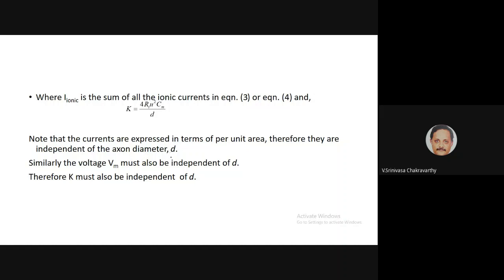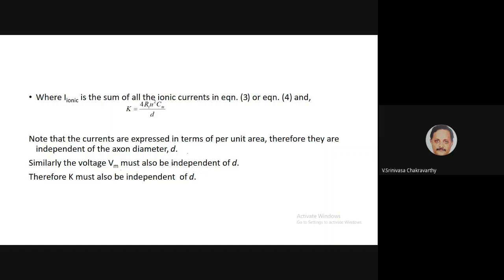I don't care how big the cable is, since I'm only looking at current going through a small patch of that membrane. Similarly, voltage Vm is also defined at a given point on the membrane sheet, so that's also not dependent on the diameter of the cable. If I'm defining things in terms of the cable length alone, then diameter becomes a background parameter.